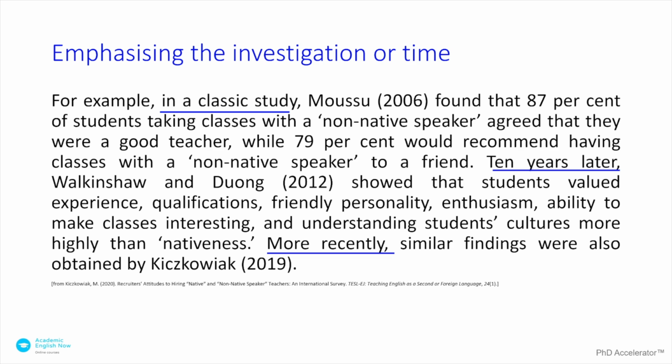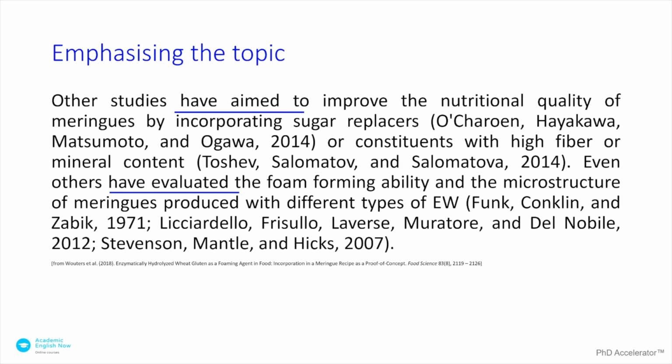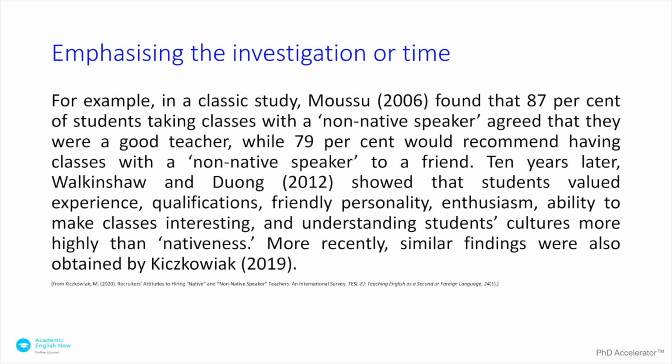And then I'm going forward in time. So in order to make that chronological development, I have to first emphasize the time. I have to say 10 years later, right? And then, finally, more recently, right? Because my development here is chronological, that's why I'm choosing to focus more on that than, like the researcher did here, focus more on the topic or on what the researchers did, right?